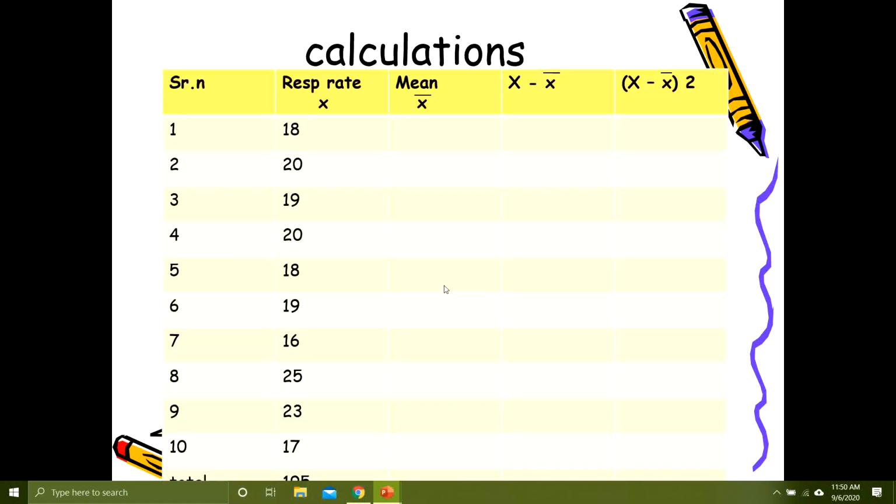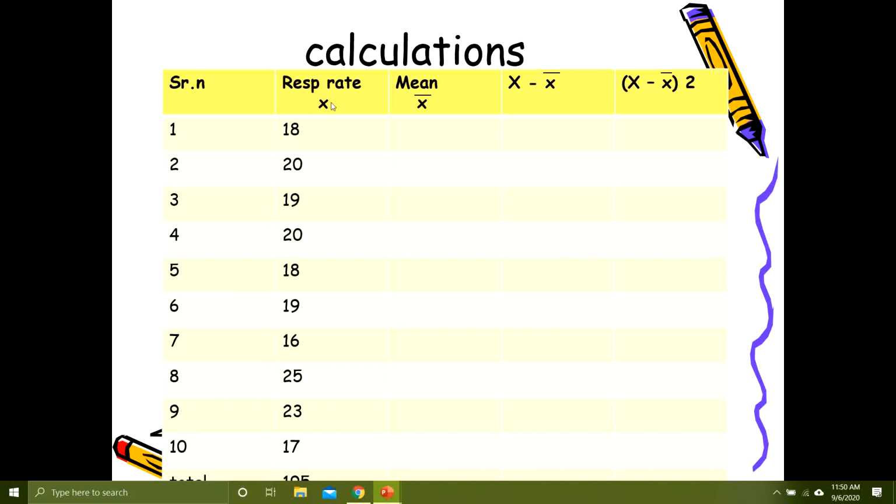So I want to calculate further what the difference of each observation from the mean is. So what will I do? In the first column, I will write the number of observations which I have made. I have taken a sample size of 10, so this will range from 1 to 10.